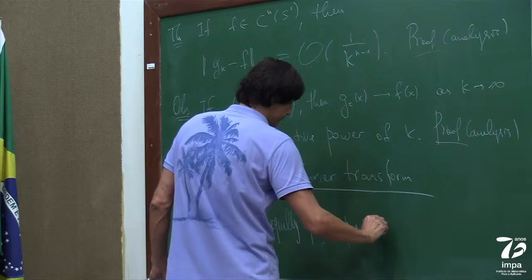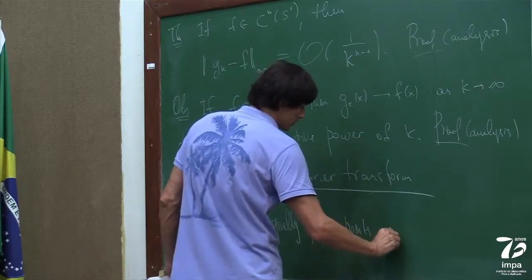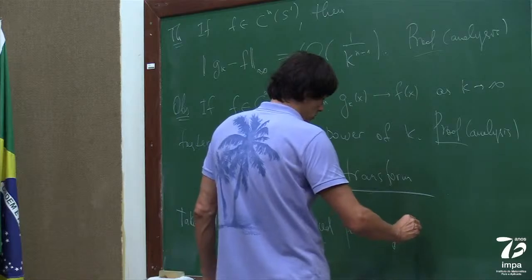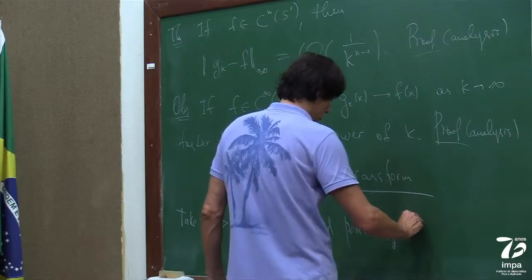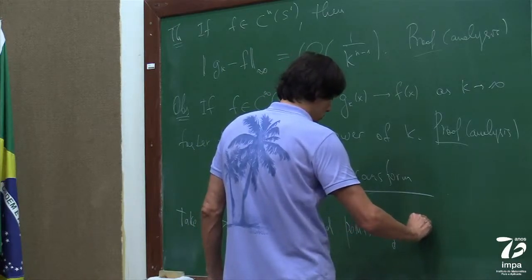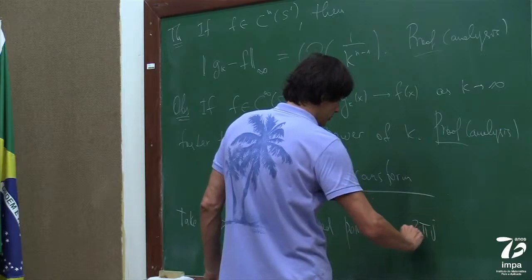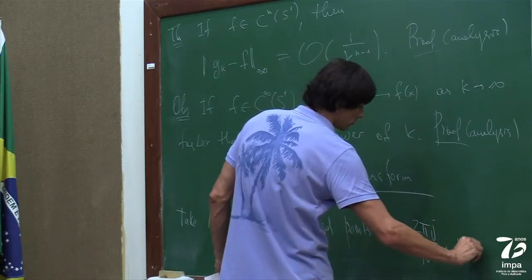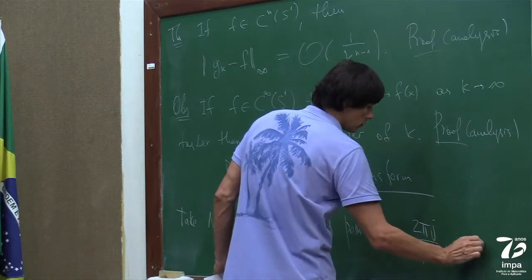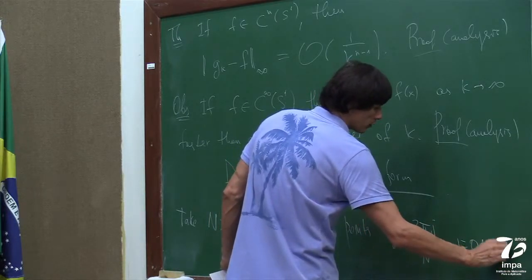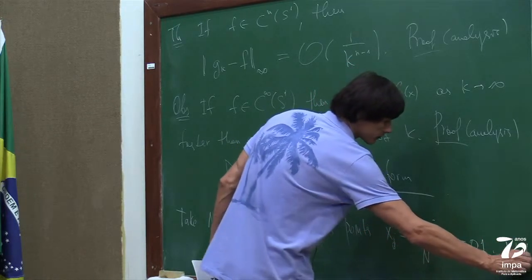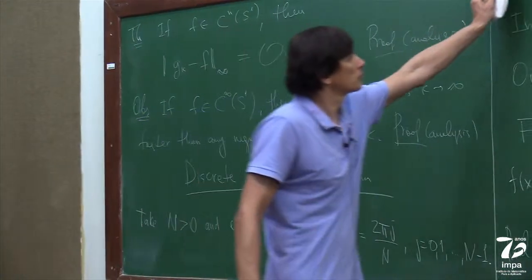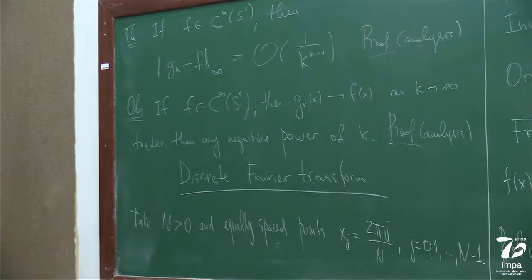So the equally spaced x_j will be 2 pi j over n, where j goes from 0 to n minus 1. So n points. We start with 0, as numerical people like to start with 0.